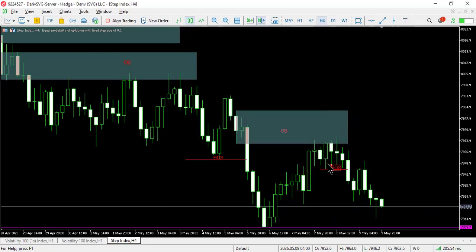So we have that break of structure and then the order block which caused that break of structure. From the 4 hours time frame, it is that order block where price has stepped in, it has mitigated that order block, and then formed a tweezer top and we are pushing to the downside.